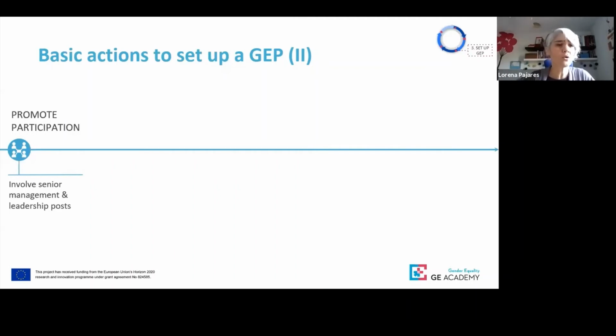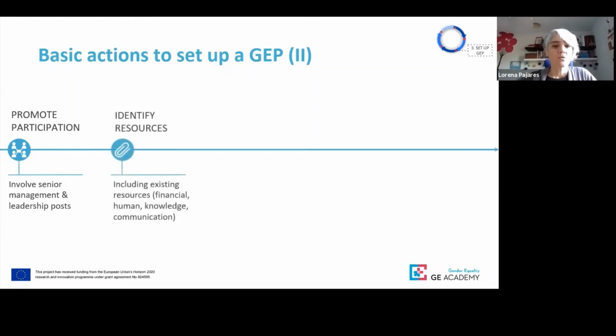And it is also crucial to involve senior management and leadership positions in the definition of the measures of the plan, right? The next would be to identify resources, including existing ones. Remember what we just said when planning the measures, okay? So we need to identify and use all the resources available within and outside the organization.